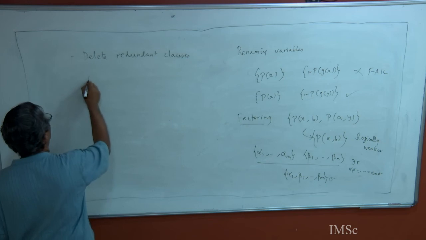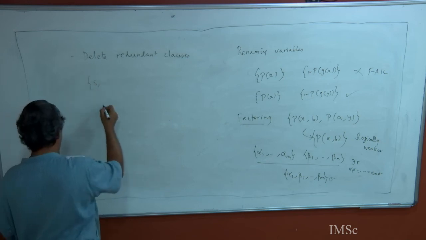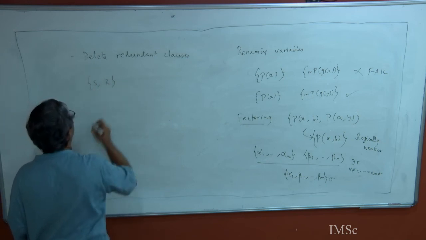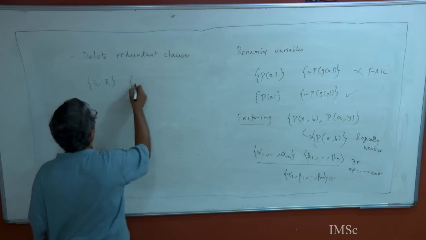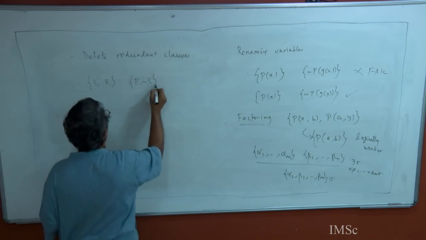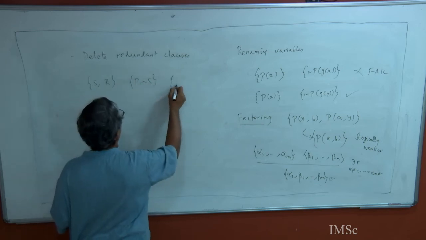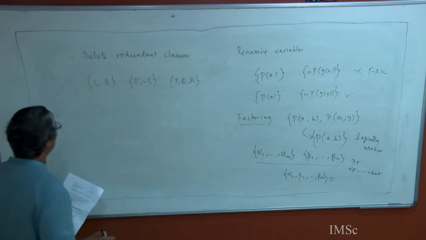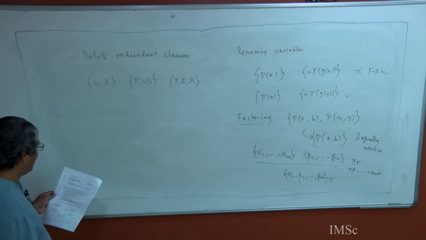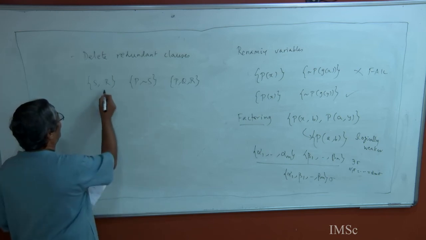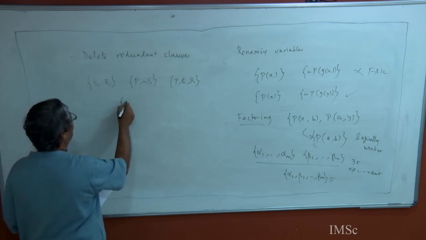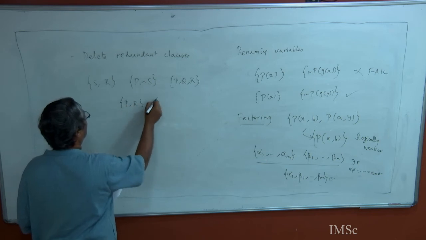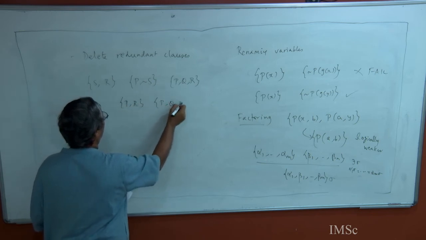So for instance, suppose I'll say this for propositional resolution. If you have got something like this, right? Now from these two I will get PR and then PQR.